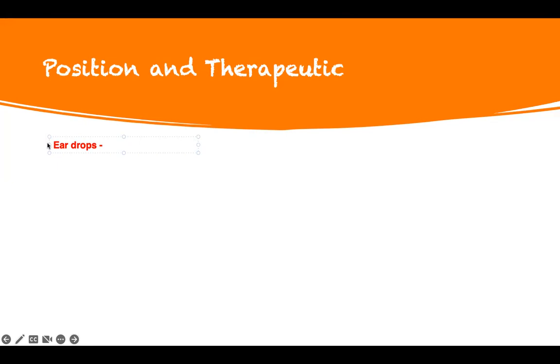So the affected side has to be up and they have to lay on their side. If your right ear is the problem, the right ear has to be up, on your side, so that I can put the drops in without any problem. Okay, so that's one position.